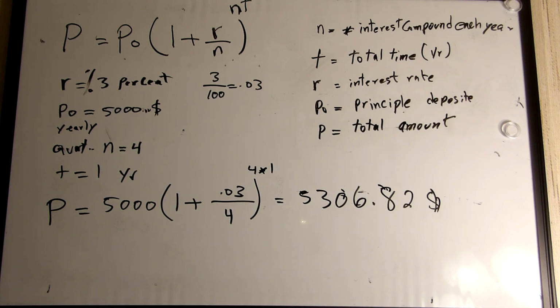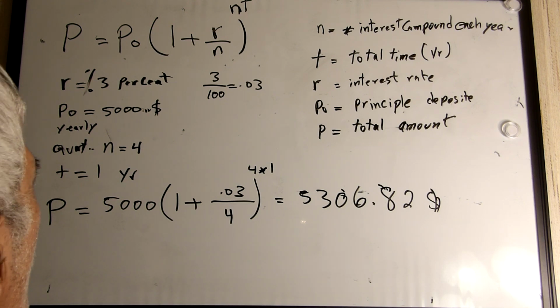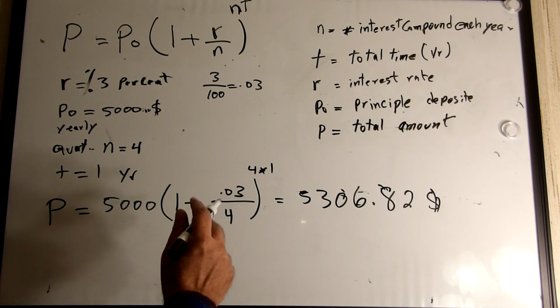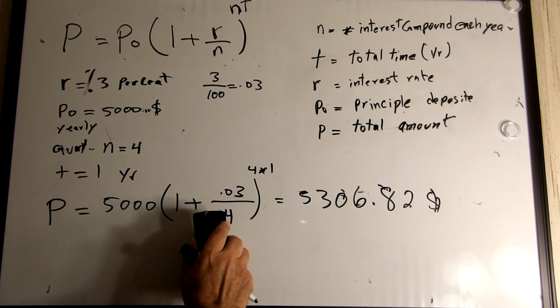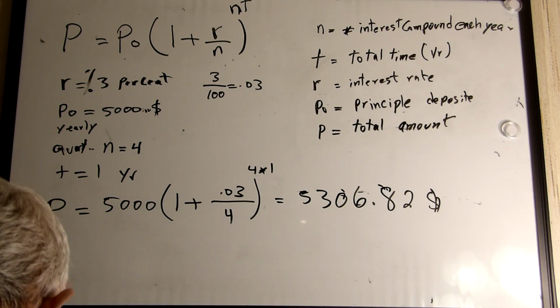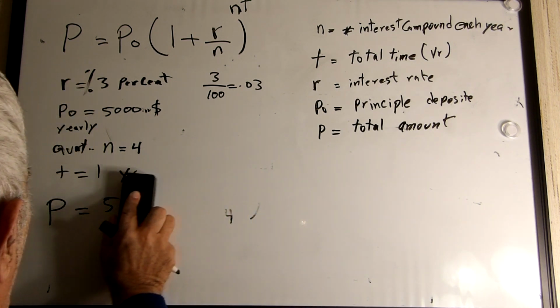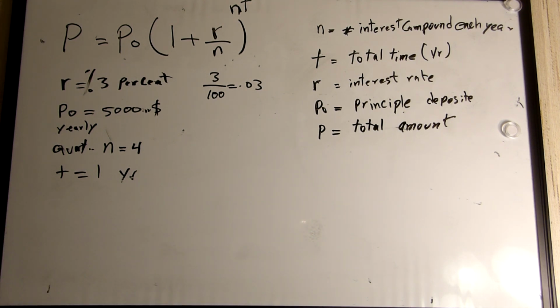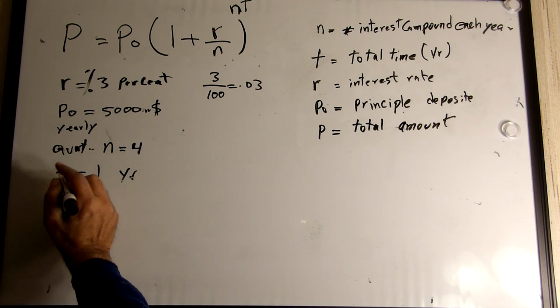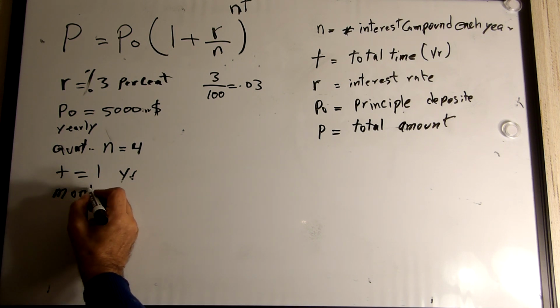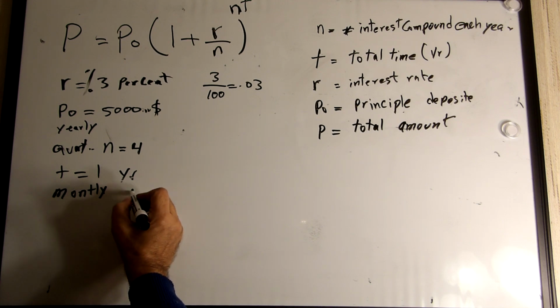Now if you're talking about monthly, compounded monthly, n is equal to 12.